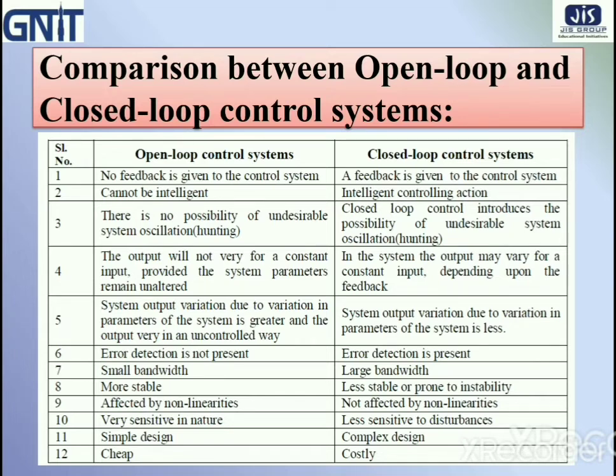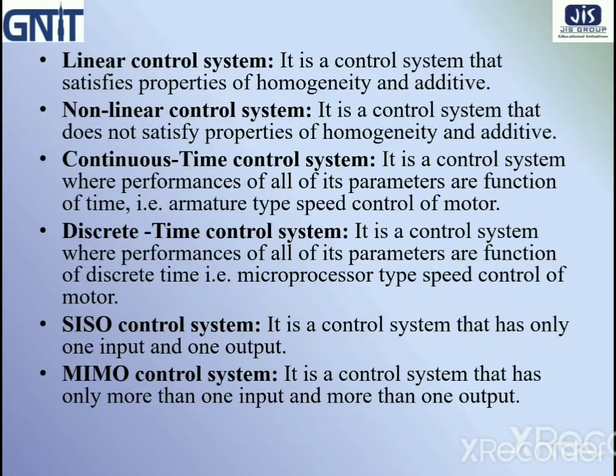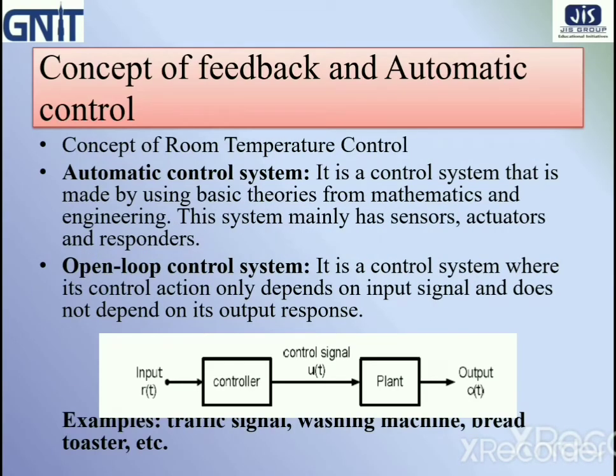Before starting the difference, there is another term, automatic control system. We all know what feedback is: the element which comes from the output and goes back to the input. Now, what is an automatic control system?